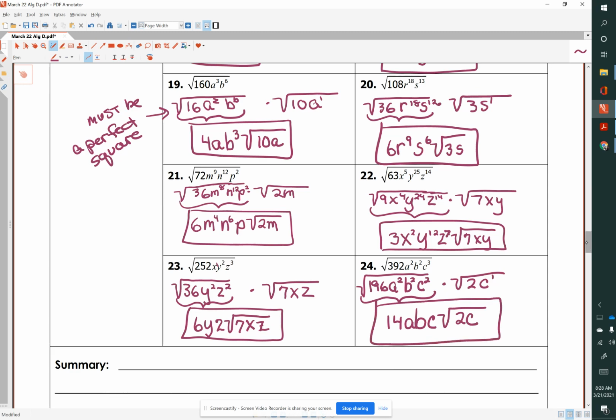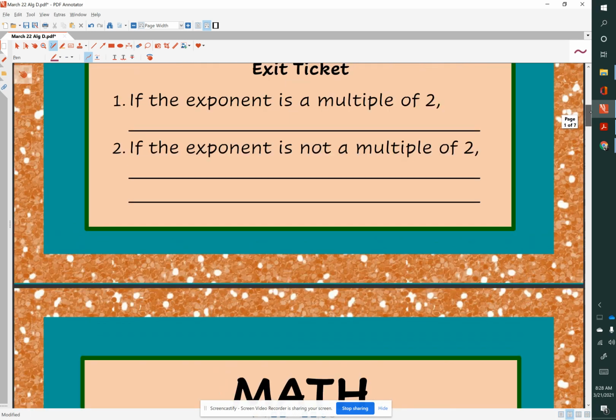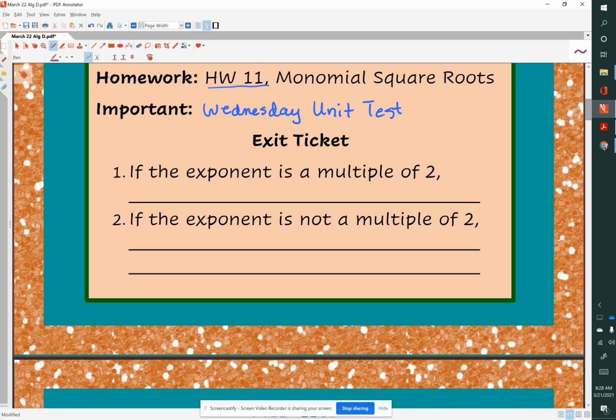So good work. Let's go back to our exit ticket and complete that. If the exponent is a multiple of 2, we're going to use the rule the square root of a to the m power equals a to the m divided by 2. If the exponent is not a multiple of 2, then we're going to break it apart.